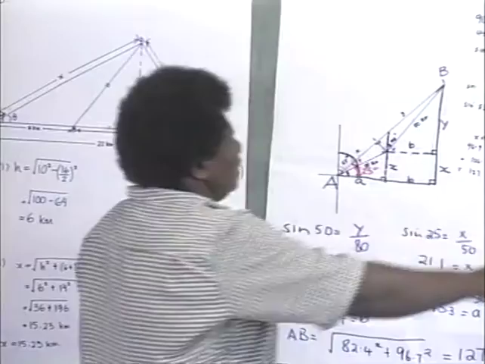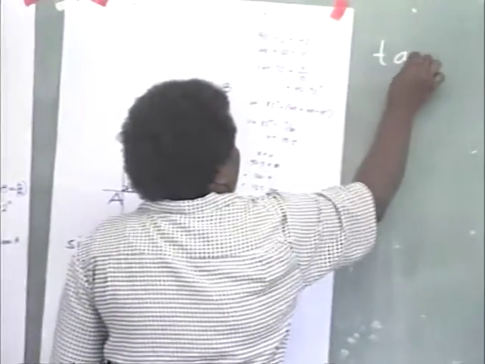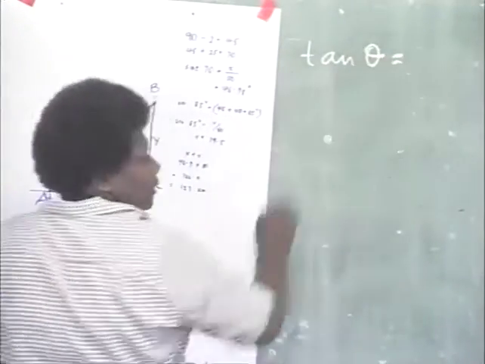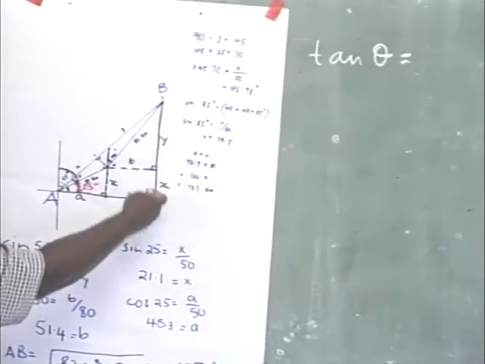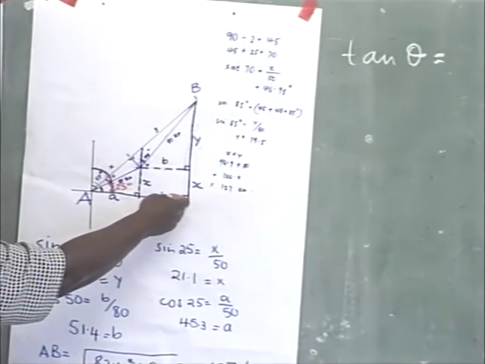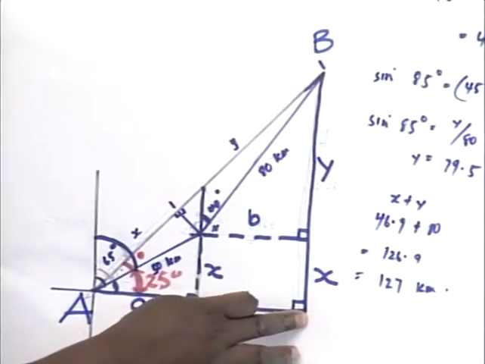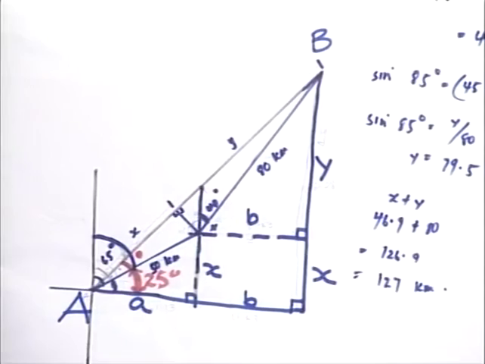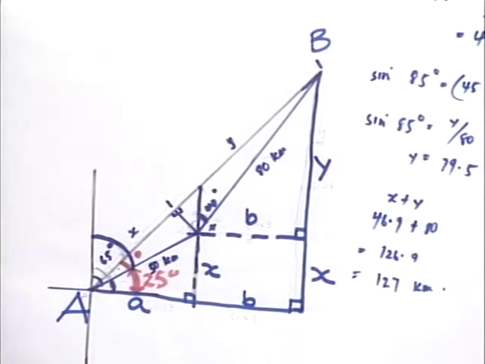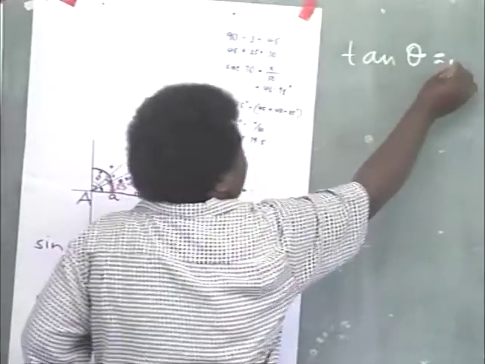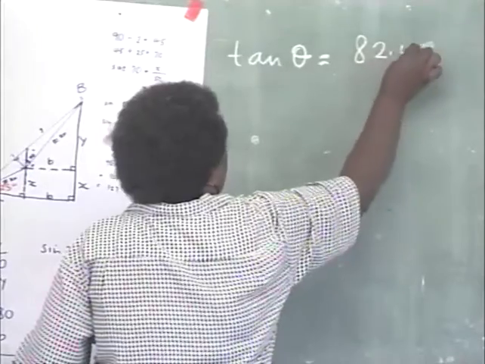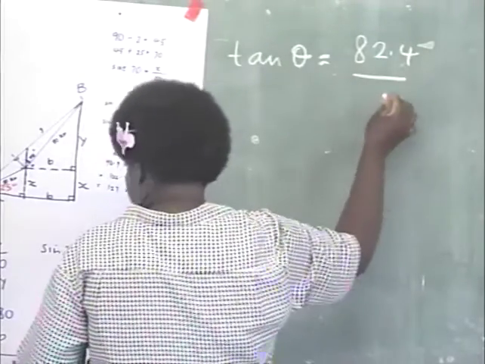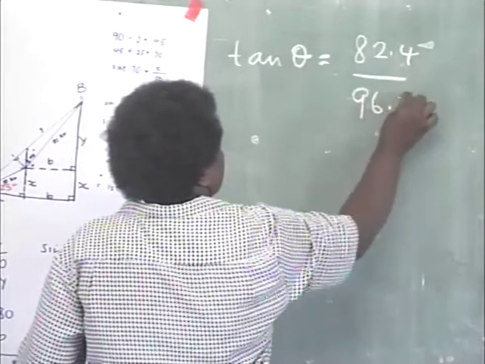Tan, okay. Tan of, I will call it theta, is equal to 82.4, sorry, not 51.4, divided by 96.7.